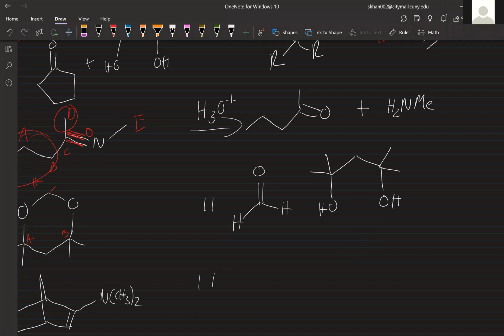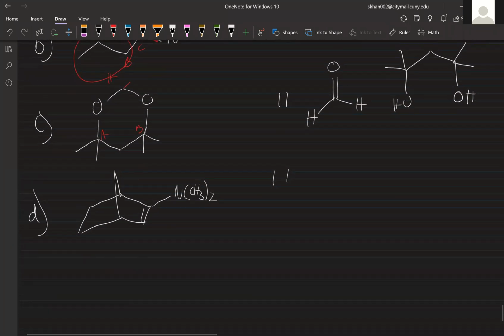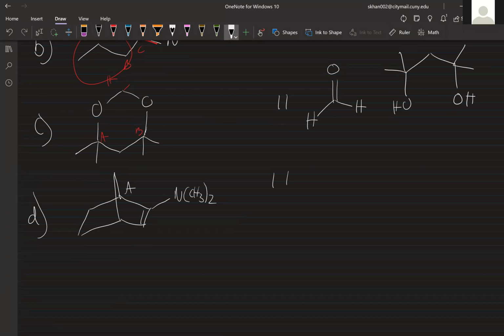Like I said, do a little practice with this. Here, let's label a couple of carbons: A, B, C, and D. So B, same thing, identifying that enamine group.